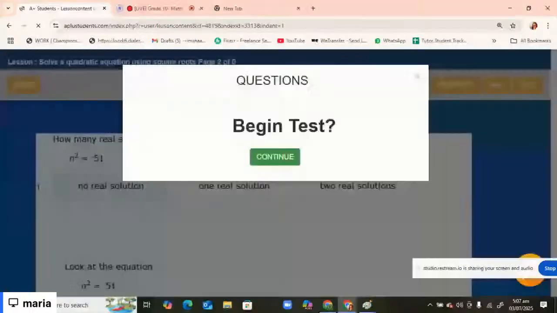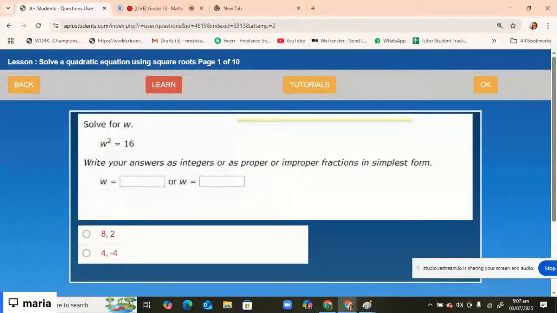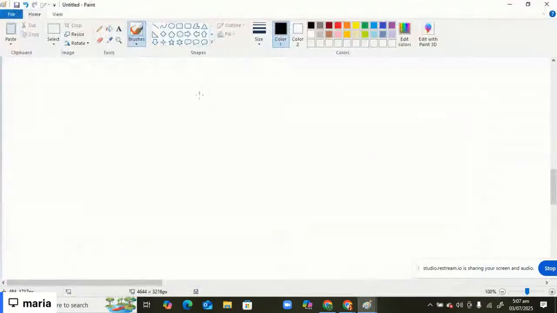Now let's discuss the test questions. W square is equal to 16. Let's solve it.